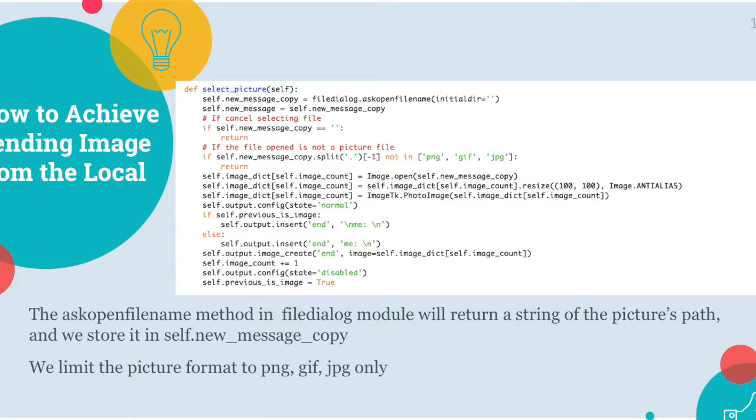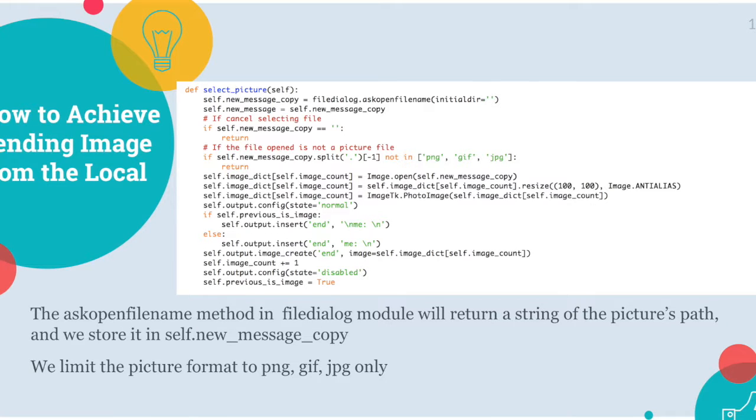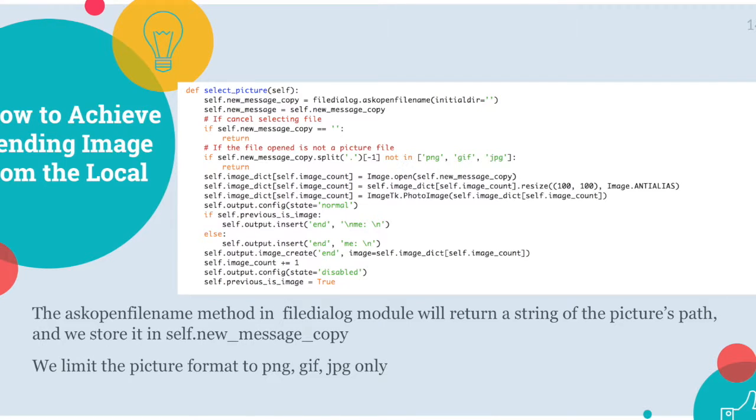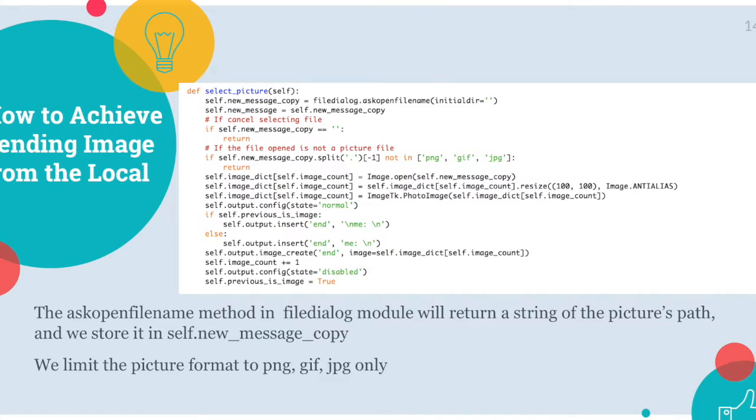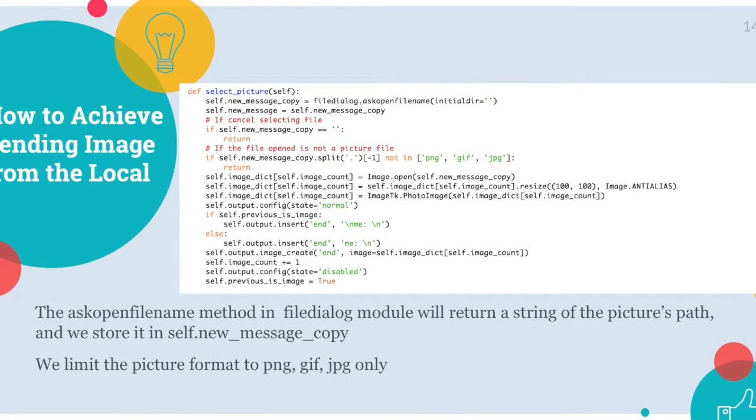And next is how to achieve sending an image from the local computer. If the user wants to send a picture, he can click the Select Picture button beside the Send button. From the sender side, when you click the Send Picture button, the select picture function will be called.